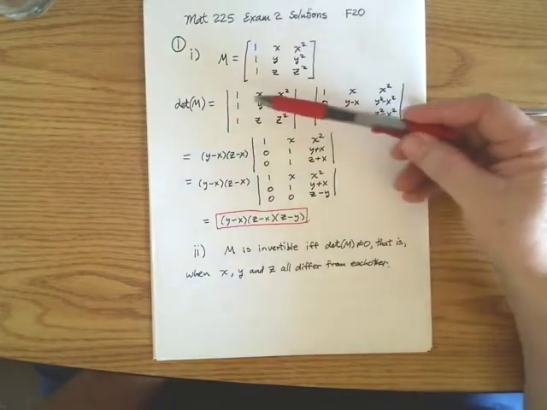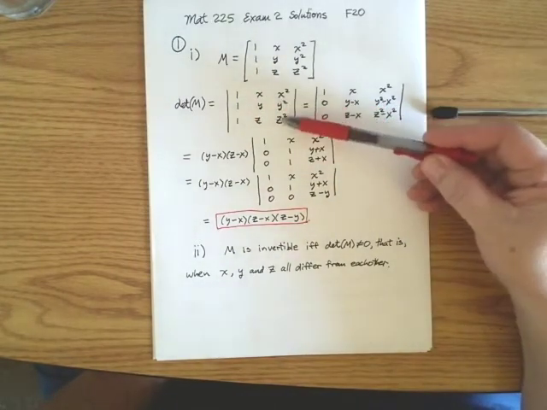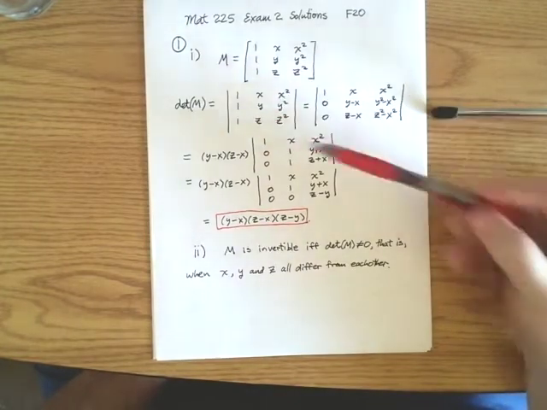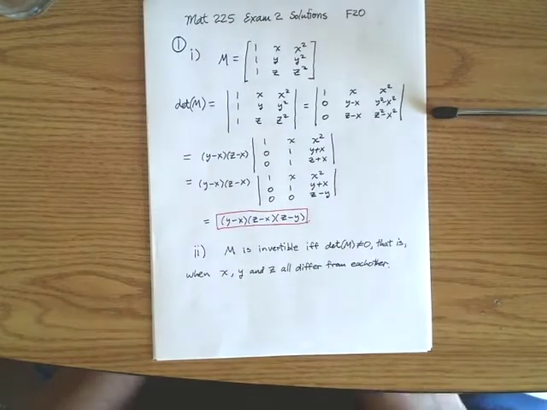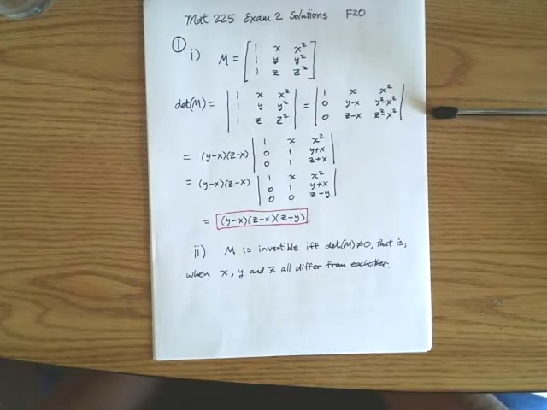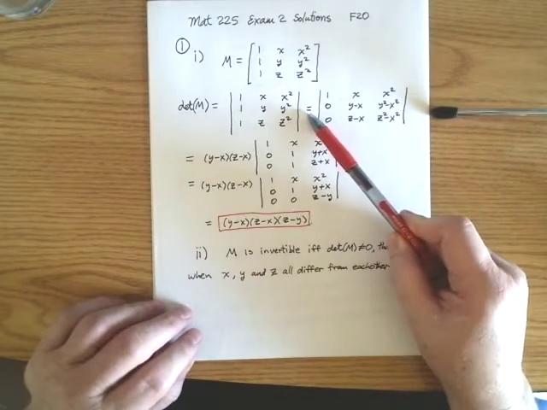So the first thing to do is perform a row reduction inside the determinant symbols, the vertical bars. Remember, under such a row operation, a multiple of one row added to another row, or a multiple of one column added to another column for that matter, will leave the determinant unchanged. That's going to justify my equal sign here.